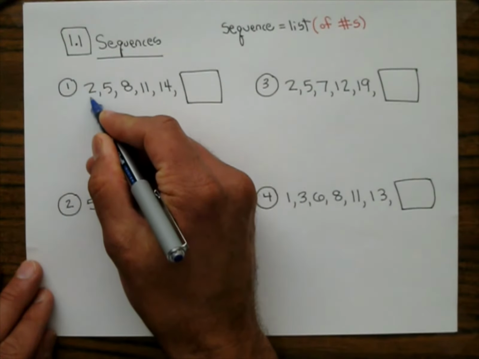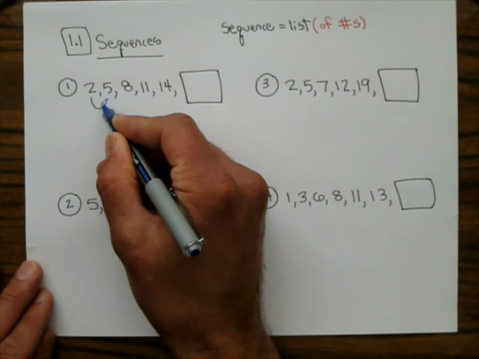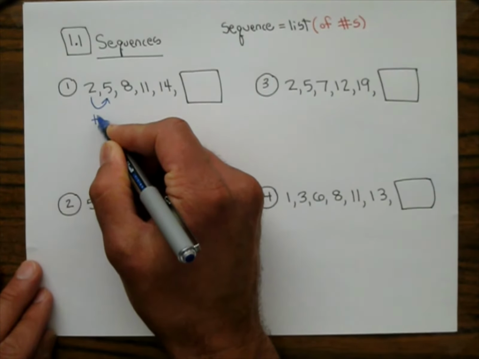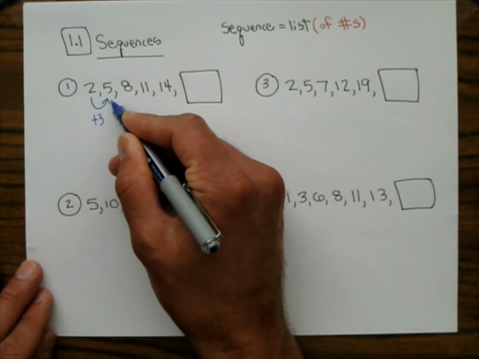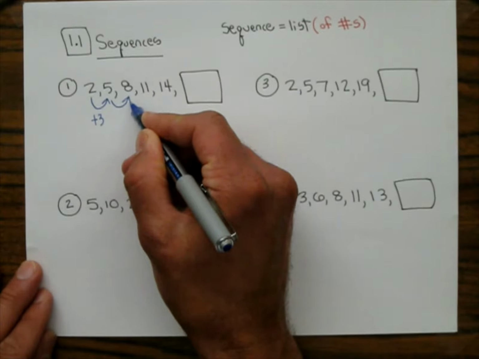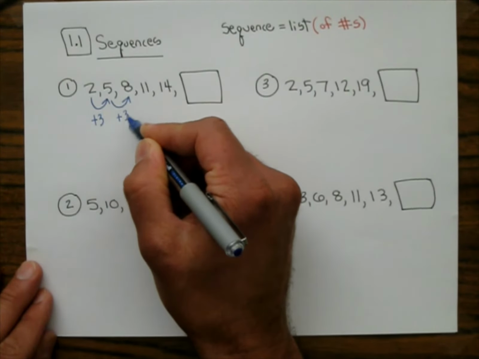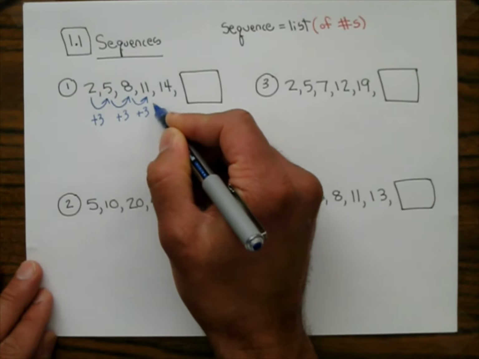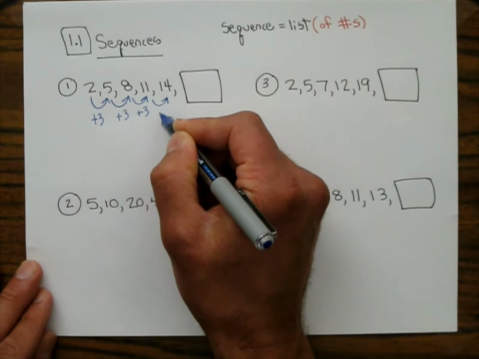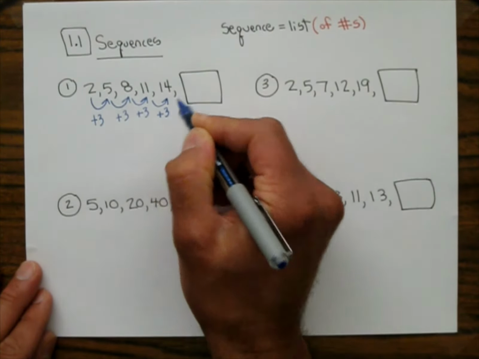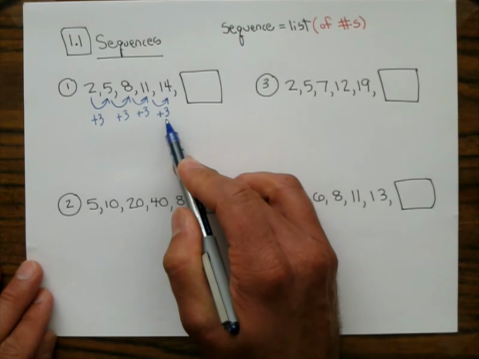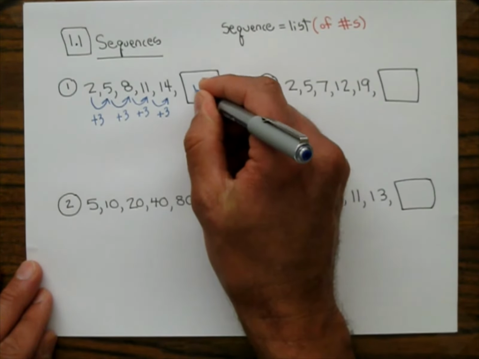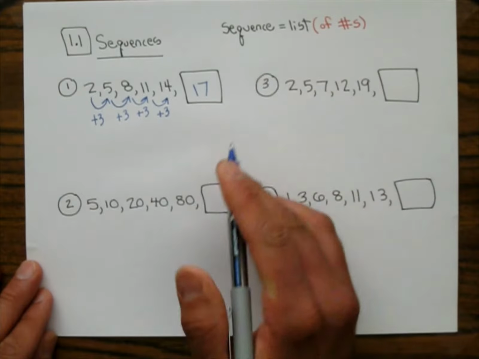If we go from 2 to 5, it looks like I added 3. Then going from 5 to 8, I added 3. And then I added 3 again. Looks like we have a pattern here: add 3. So 14 plus 3 should give me 17.